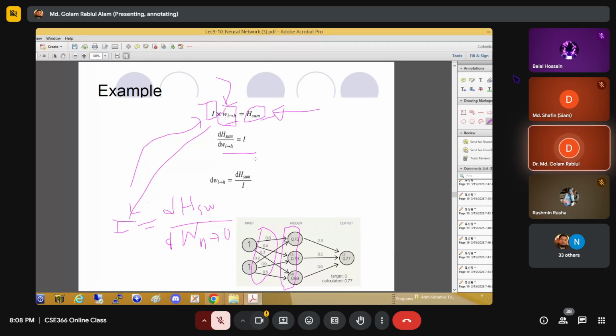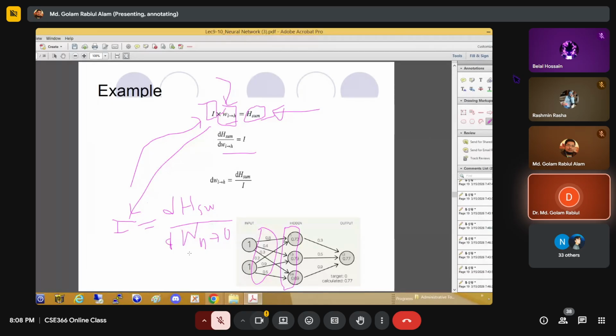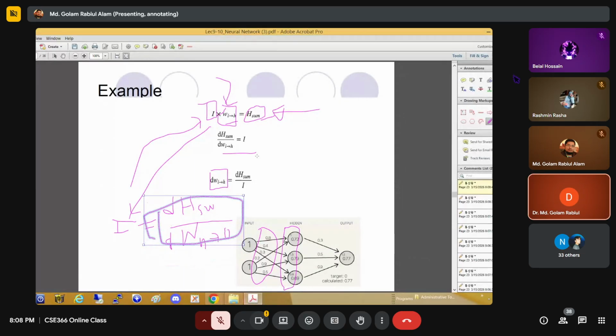So from this equation, what we want to find out is delta WIH, not the HO, it is IH. It will be delta hidden sum by I. Okay, so delta hidden sum by I. From this equation, we can get delta WIH is delta H sum by I.